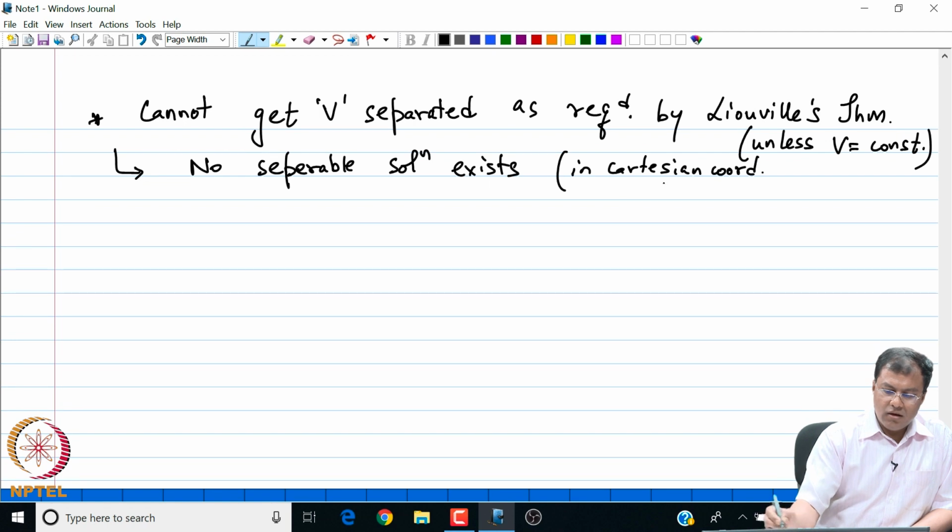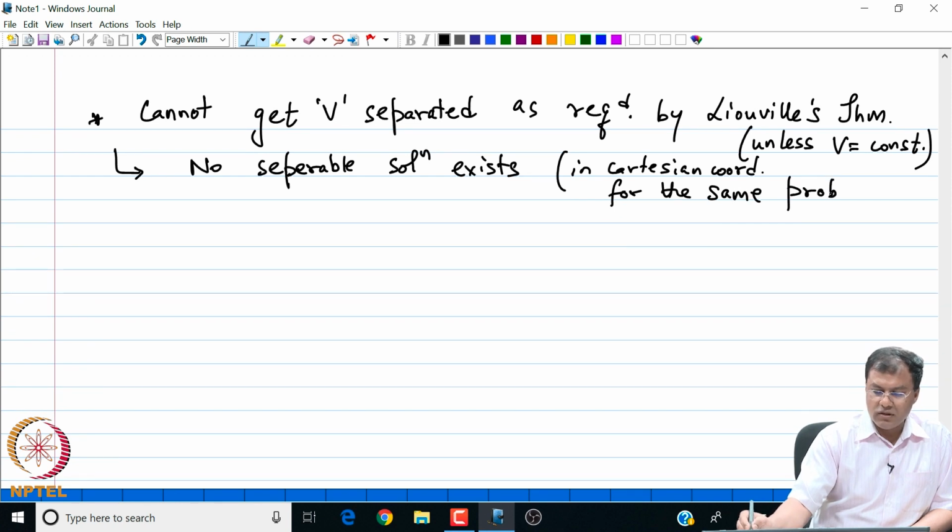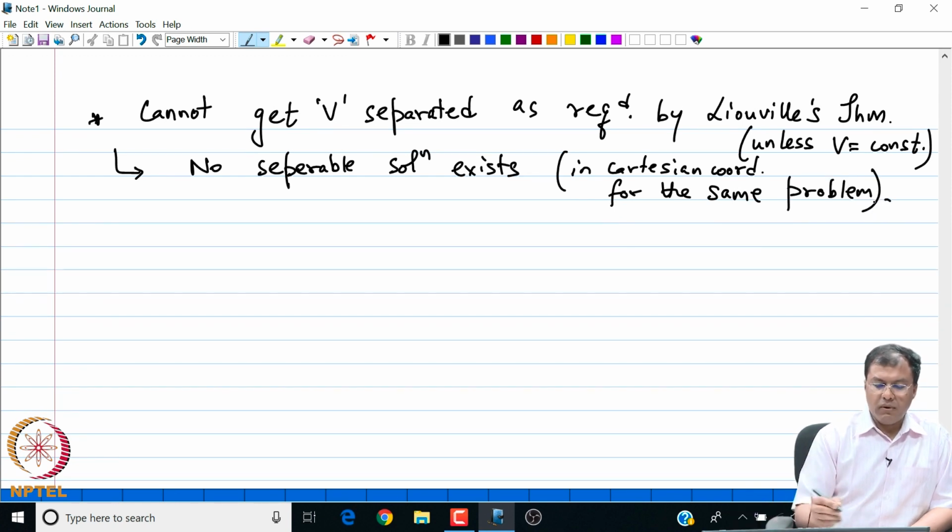However, in polar coordinates we saw that a separable solution exists.